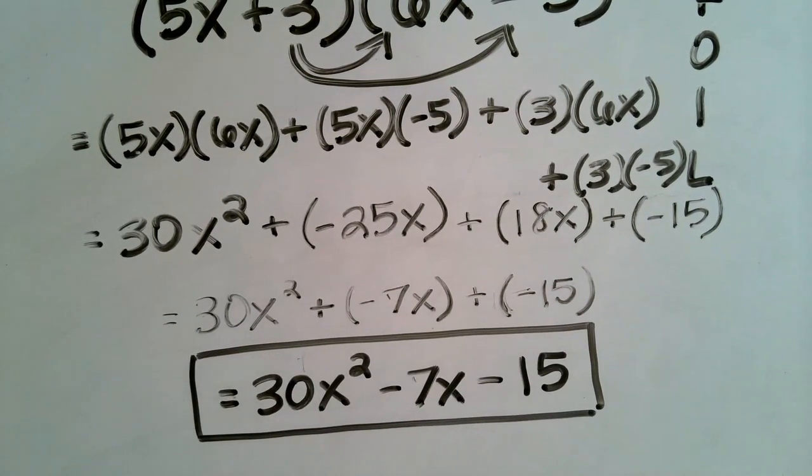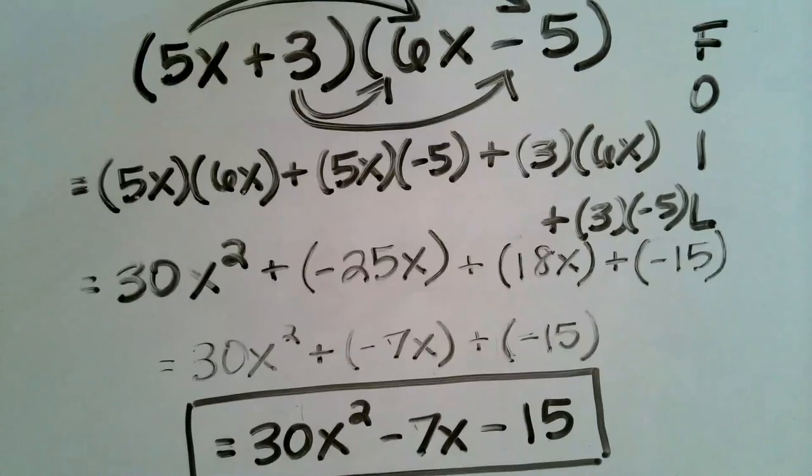So the difference here, guys, is that now we do have a coefficient sitting in front of that term with the squared variable. It's going to be a little bit more challenging, but that's okay. I know that we can do that. Let's go ahead and do one more example together.